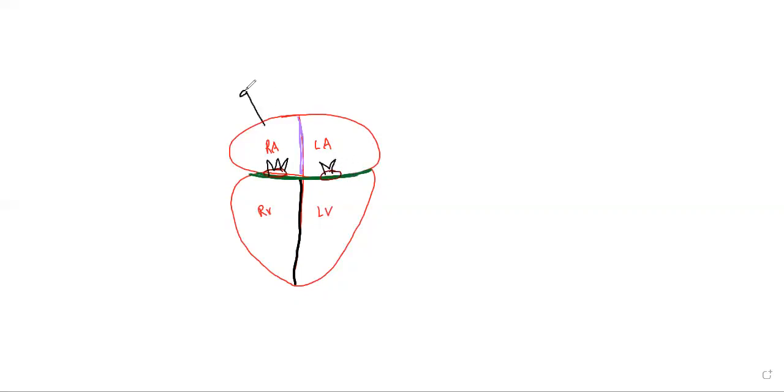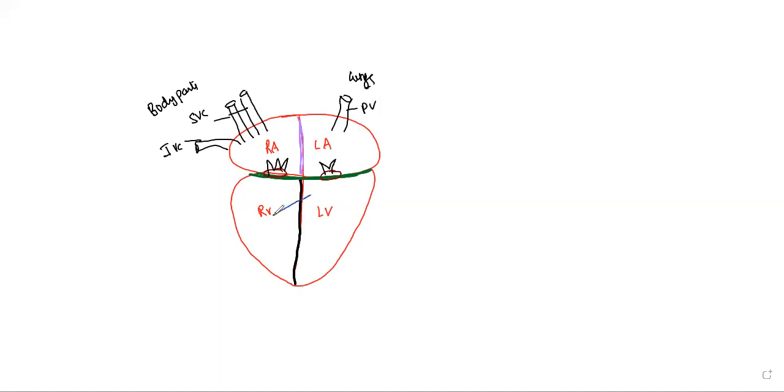The right atria receives the deoxygenated blood from the body parts with the help of the superior vena cava and inferior vena cava, which collect blood from the body. Next, the left atria collects the blood from the lungs with the help of the pulmonary vein, which we have seen in the previous class.